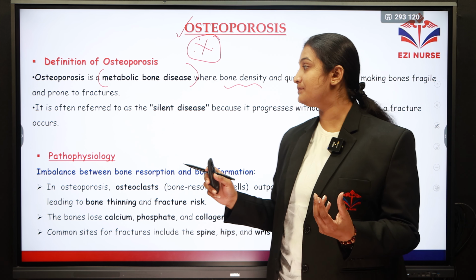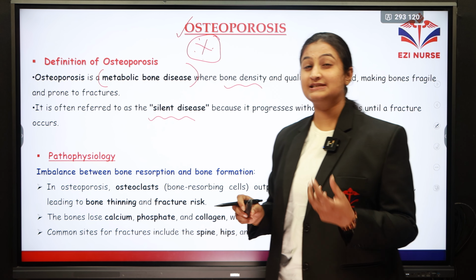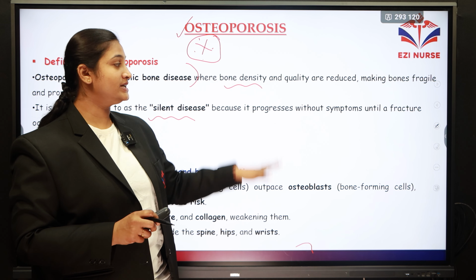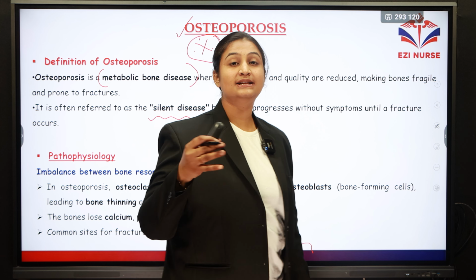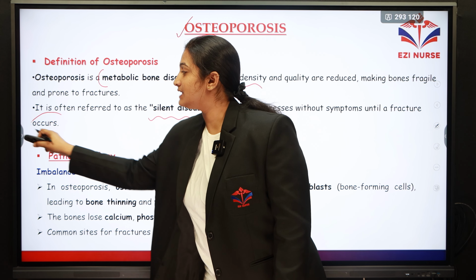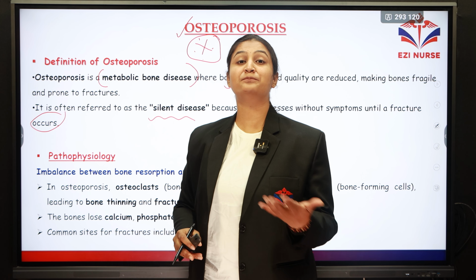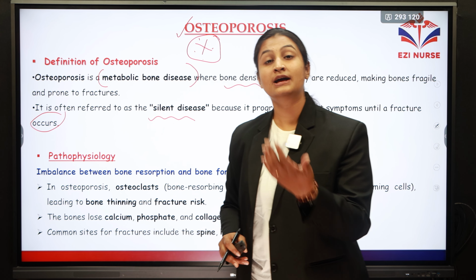So that is osteoporosis, and it is often referred to as a silent disease. Why? Because it progresses without symptoms until it leads to a fracture. So the fracture can occur, and that is why it is a silent disease. If you write this, you're getting your 1.5 to 2 marks already in your hand.